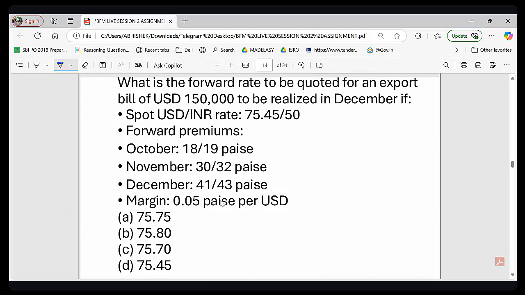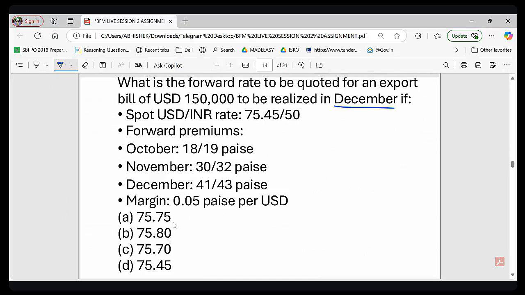What is the forward rate to be quoted for an export bill of USD 1,50,000 to be realized in December if the spot USD per INR rate is 75.45/50? Forward premium has been given: October 18.19 paisa, November 30.32 paisa, December 41.43 paisa. Margin is 0.05 paisa per USD.